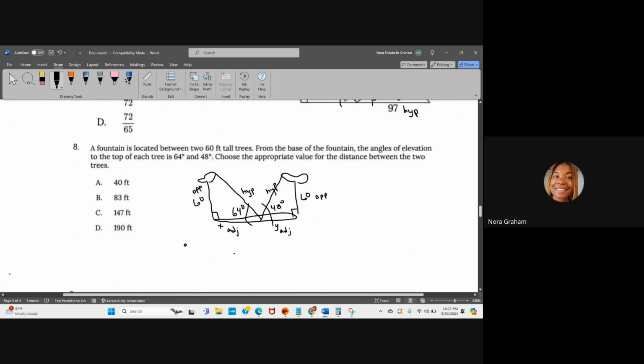So I get tan of the angle I'm given, which is 64, equals opp over adjacent, so 60 over x.